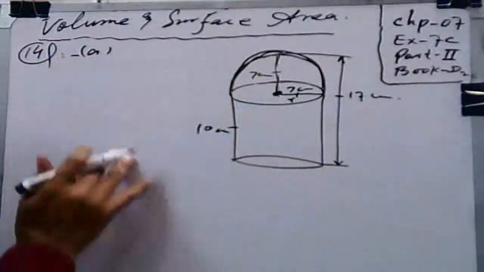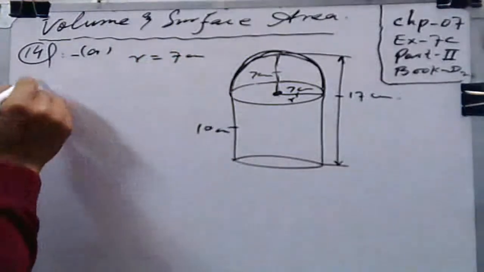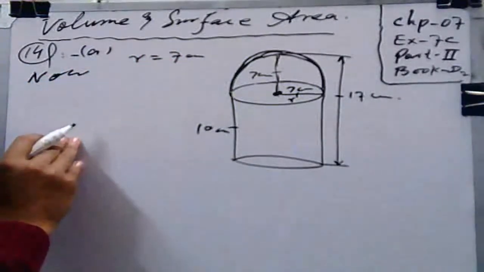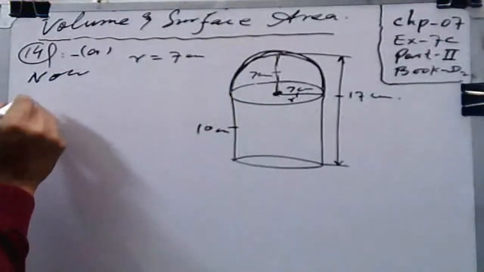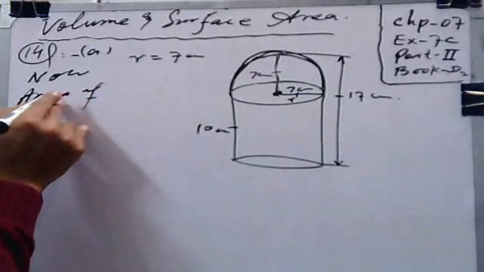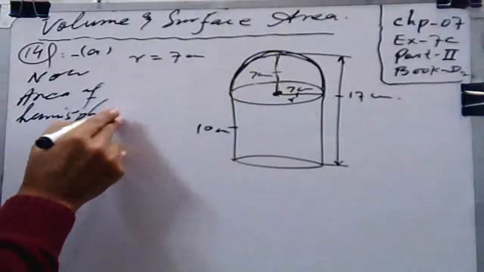Now surface area of hemisphere is equal to half of 4 pi r square.